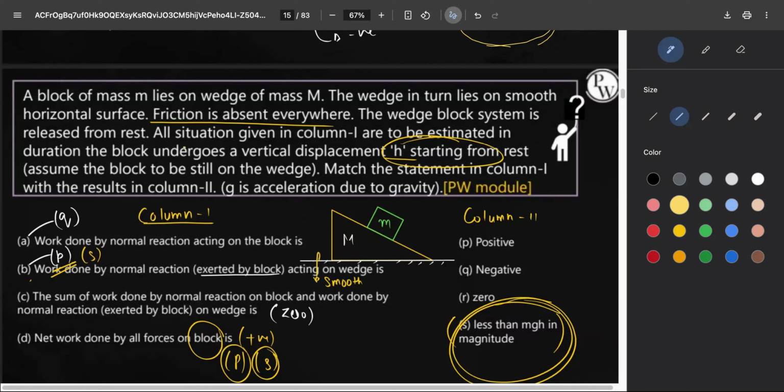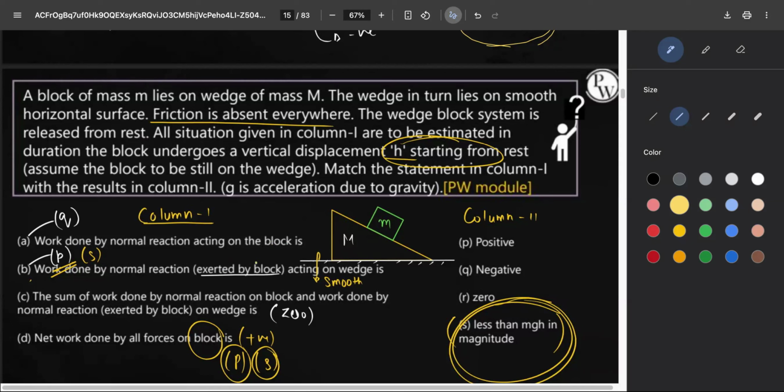Which normal reaction are we talking about? We are given a mass m which is lying on the wedge having mass capital M. What is the difference between option A and option B? Work done by normal reaction acting on the block and by the block.